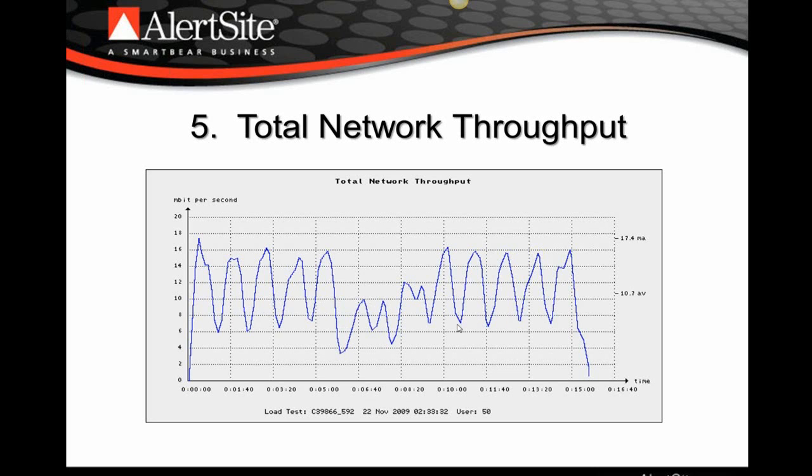What this chart is very good for is detecting when there are artificial bottlenecks that could be imposed by something like a router, NIC card, firewall. I know I had a load test last month, I believe it was, where there was a setting that was put on to their firewall that was limiting traffic to a certain amount.